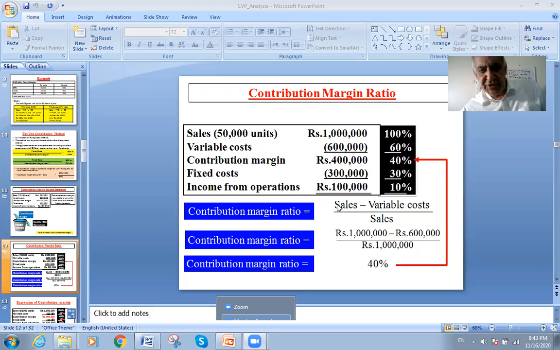So if I tell you to calculate the income from operation for this company, what you will do simply is deduct the fixed cost and the variable costs from the sales. Sales minus fixed and variable costs. Here we go, I will do it for you on the board, just to remind you.